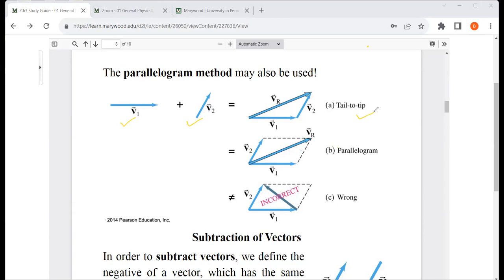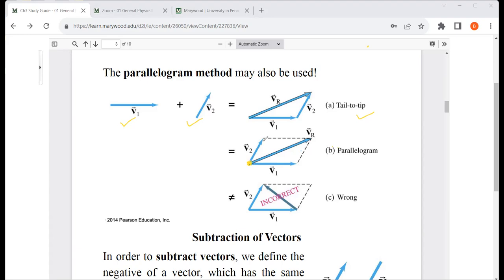Now in the parallelogram method, instead of drawing the second vector from the head of the first vector, we draw all the vectors from the same origin. So this is the same origin. You see v1 is this one and v2 is this one, both from the same origin.